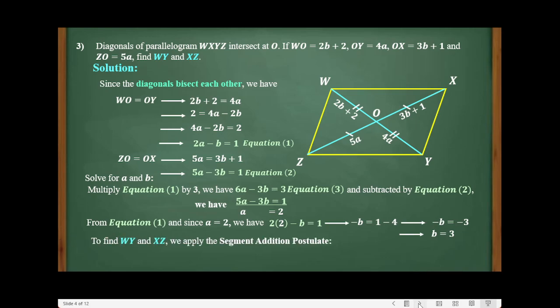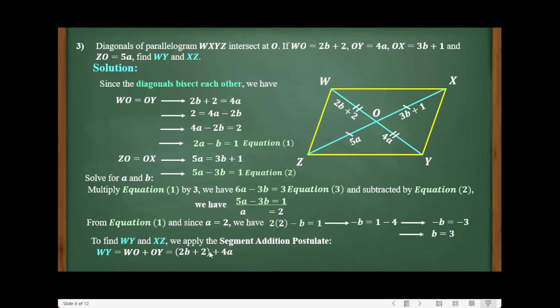From the obtained values of A and B, we can now compute the length of the two segments, WY and XZ. So we're going to apply the segment addition postulate, which states that the length of WY is equal to the sum of the lengths of segments WO and OY. And that is 2B plus 2 plus 4A.